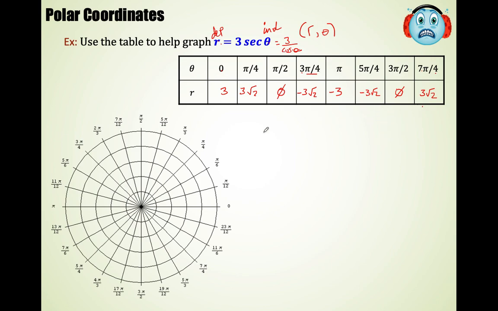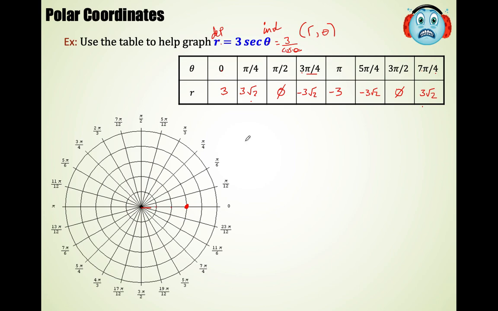Now look at what happens when I plot these points. When I plot these points, again, I tend to go to the radius first. So I'm going to go out to a radius of 3, 1, 2, 3, and rotate nowhere. Then I'm going to go out a radius of 3 root 2, and if you hit your calculator, 3 root 2 is a little bit, I wrote it down, I think it's like 4.3. I have my calculator right here.